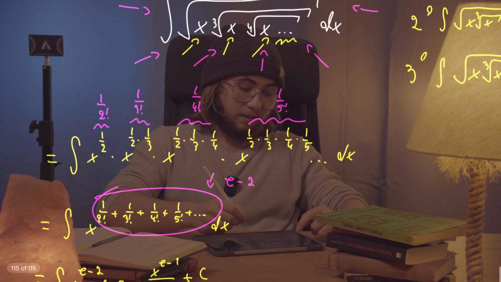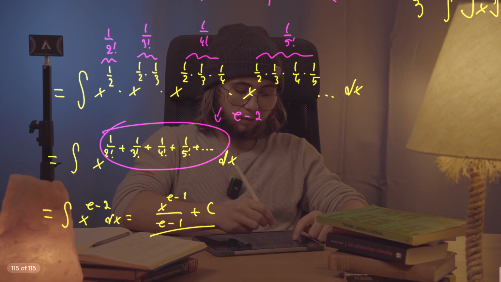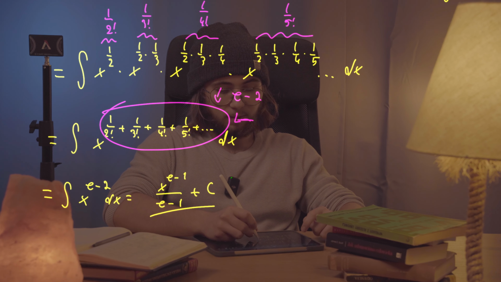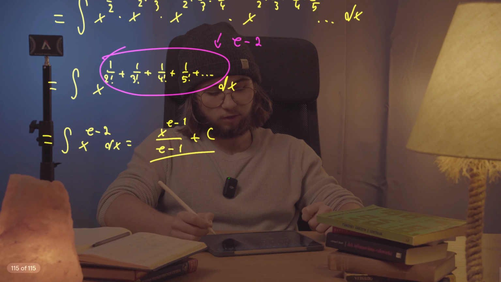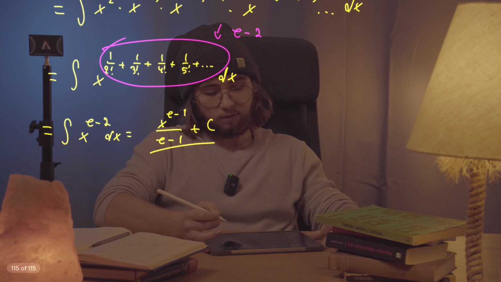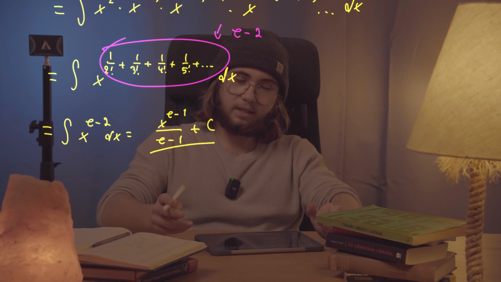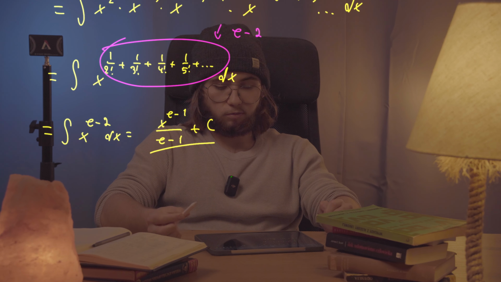Multiplying out and summing up all of those exponents gives almost the Taylor expansion for e to the first power. That's actually the Taylor expansion for e minus 2, and we used that fact to evaluate our integral pretty smoothly. It is just equal to x to the power of e minus 1 all over e minus 1 plus a constant.